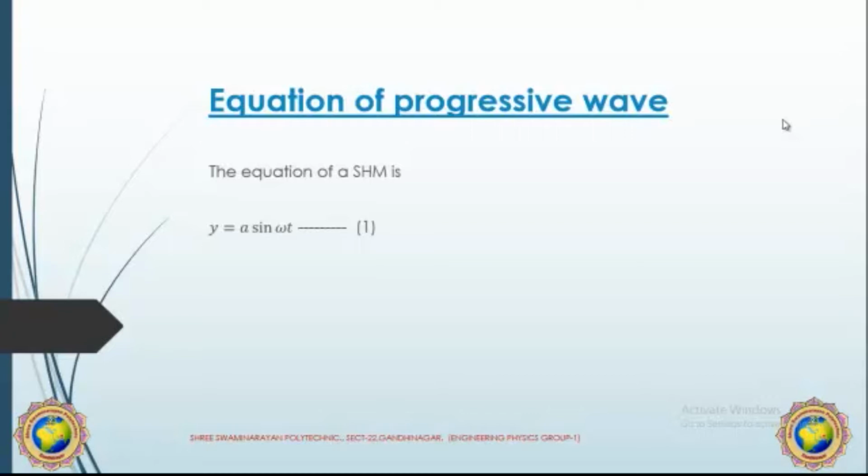That's equation 1. Now we put the value of omega, omega equals 2 pi upon T, in equation 1. Now equation 1 becomes y is equal to a sin 2 pi upon T into t. That's equation 2.